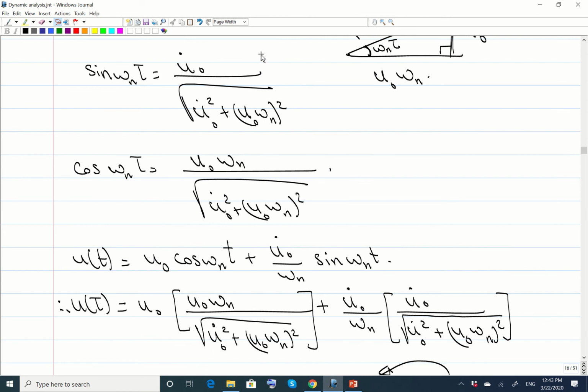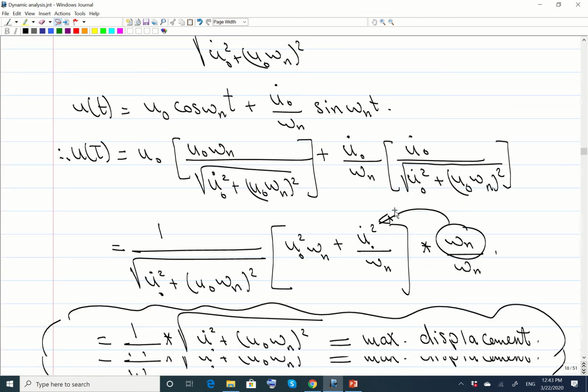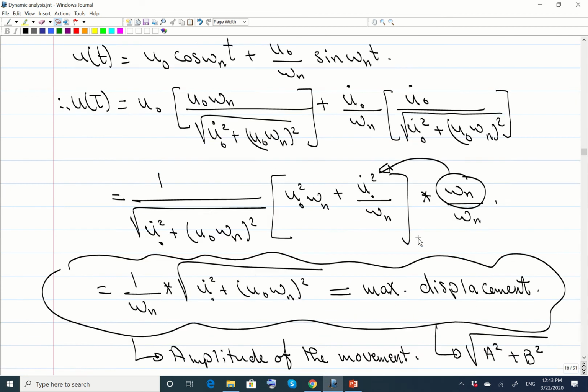Cosine omega n tau comes from this equation, and sine omega n tau comes from here, so I put them over here. Then you take the square root of u dot node squared plus u node omega n squared as a common factor from the two terms. You're going to have here u node squared omega n plus u dot node squared divided by omega n.